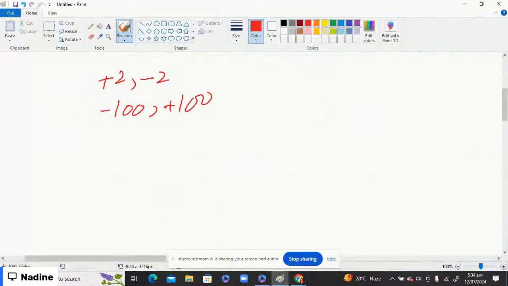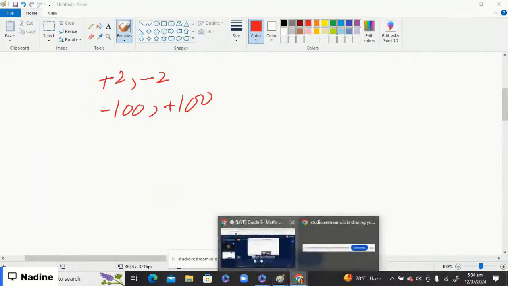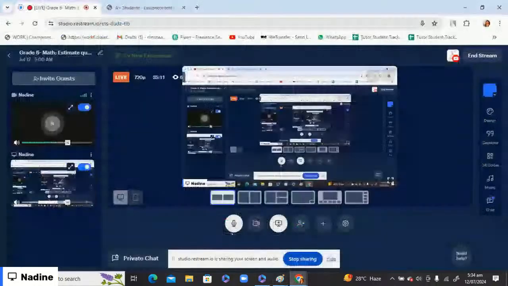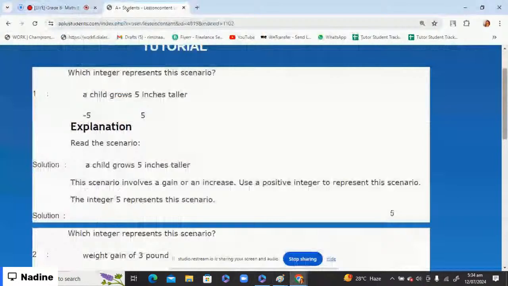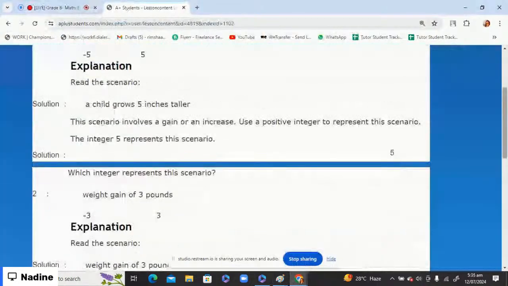So we're talking about the integers. So integers are the numbers to which you put the sign positive as well as negative. Okay, so for example, when we see in the basic questions, look at here, weight gain.